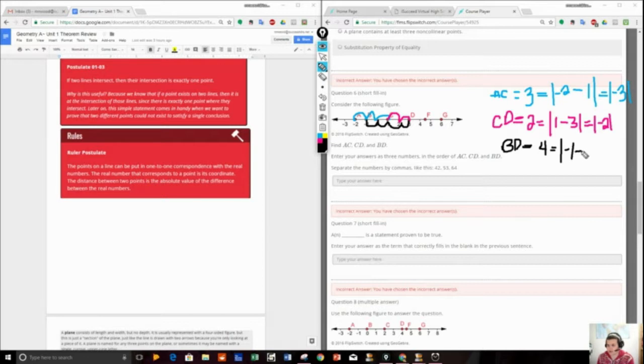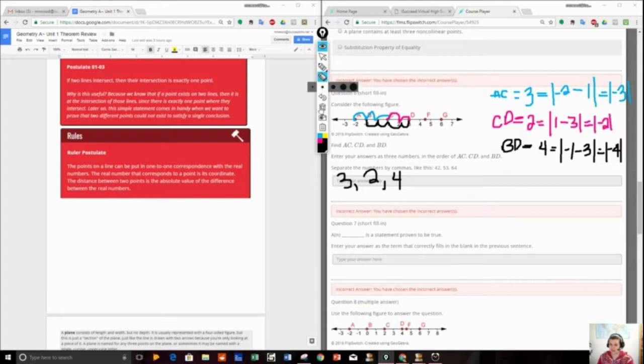The difference is subtract, and D is located at 3, and -1 minus 3 is equal to -4, and the absolute value of -4 is 4. So when you type in your numbers, you're going to type in 3, 2, 4, just like that.